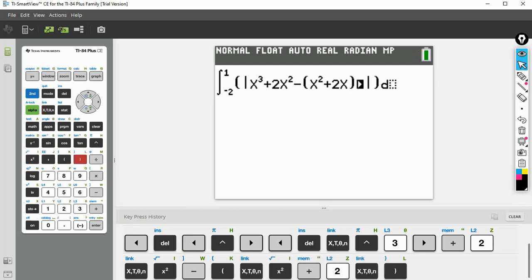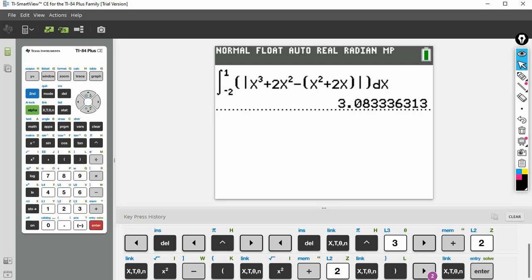And then we close parenthesis, and then we make sure that we're doing the integration in terms of the variable x. And let's click on enter. And notice that we get 3.08333..., which is the same as what we found before, 37 over 12.